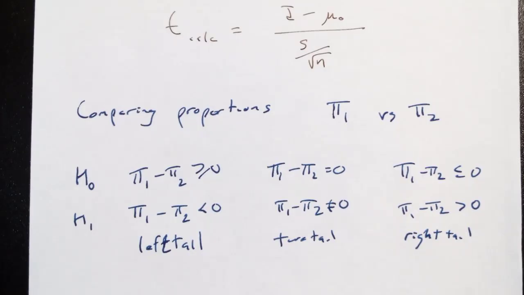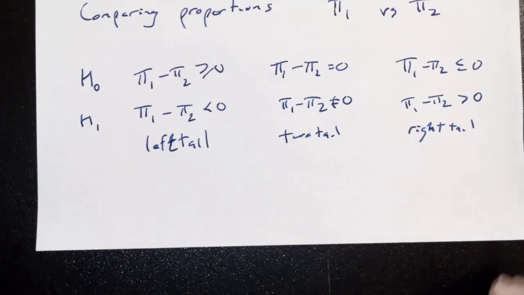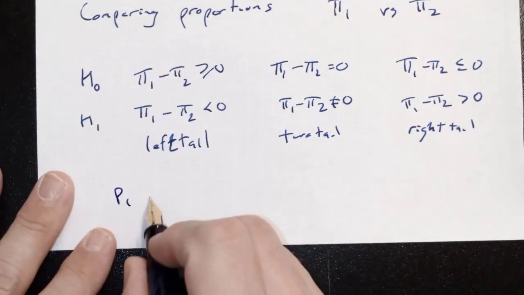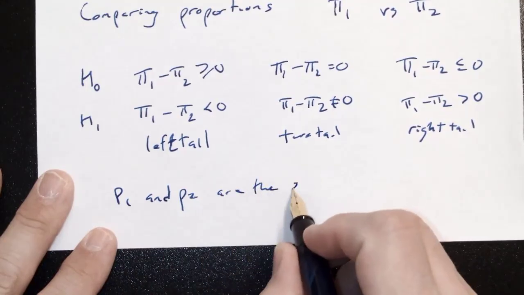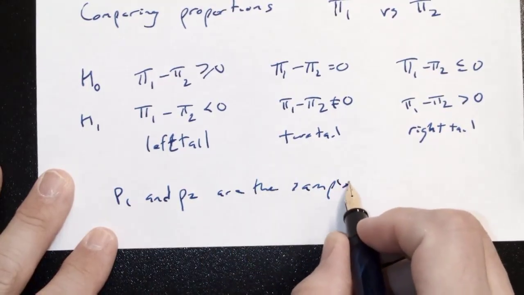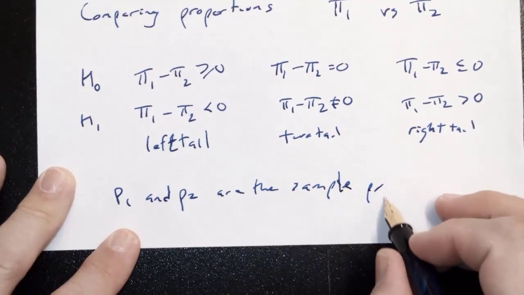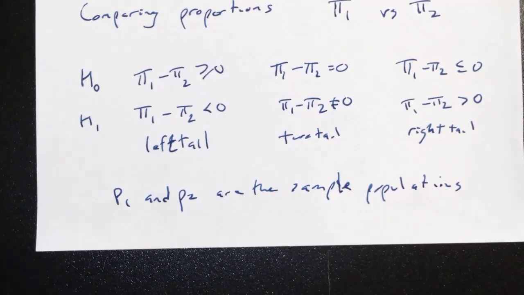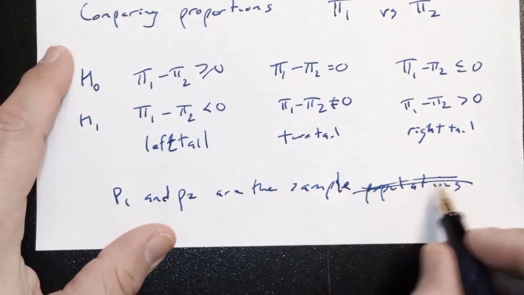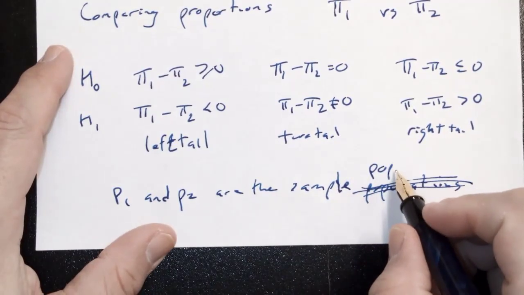Can I pool the variances or the gross behavior? So I do the same thing. I gather the sample populations. Sample proportions. You can't have a sample population.